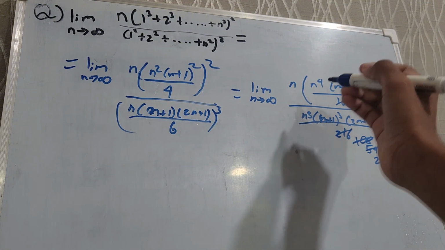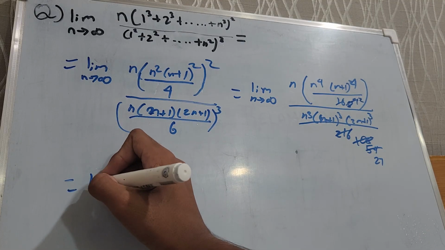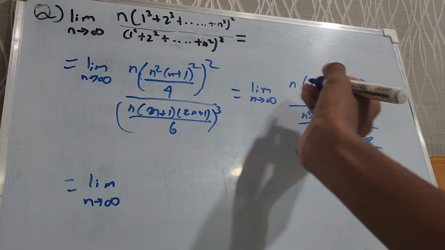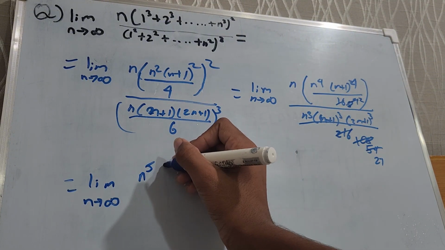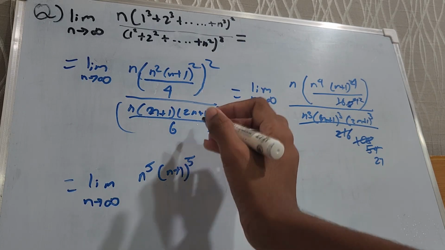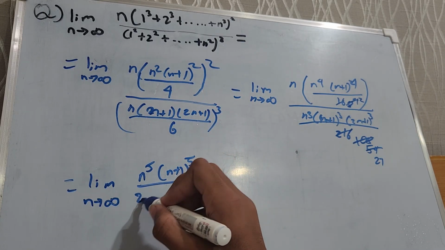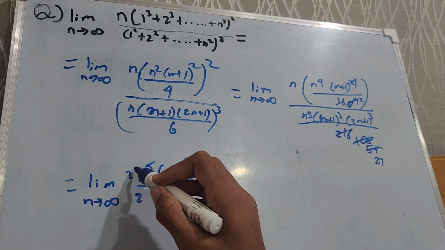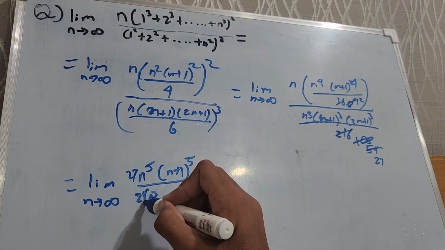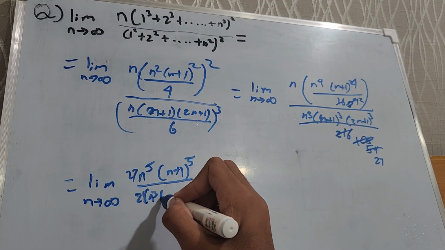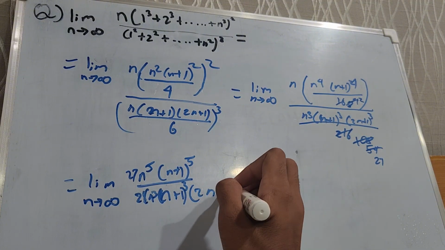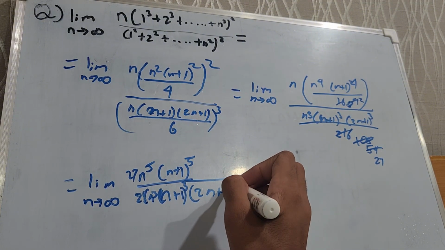Now power 5 it. Limit n tends to infinity n power 5 into n plus 1 whole power 5 by 2 into 27, and n cube into n plus 1 cube into 1 plus 1 whole cube.